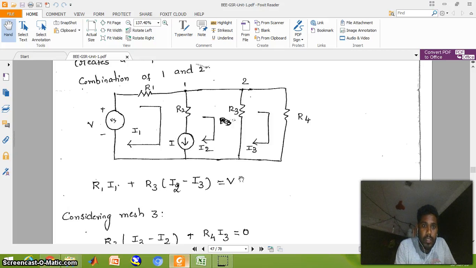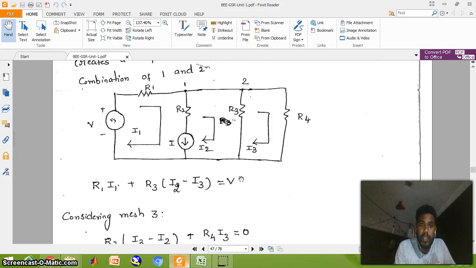So first we know, as per KVL, the sum of source voltages is equal to the sum of drop voltages. So in loop 1 and loop 2, one source is there, that is the source value V. So the sum of source voltages V is equal to the sum of drop voltages.